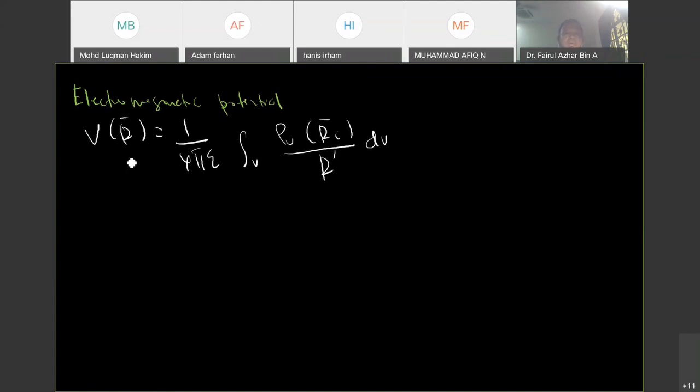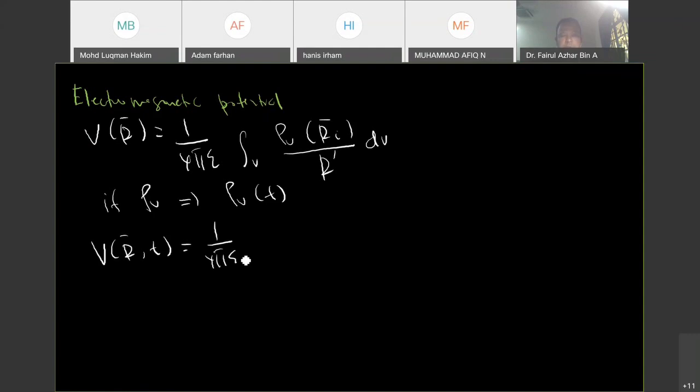If the charge changes in time, so instead of rho V we have rho V(t), then this expression will change to V(R, t) is equal to 1 divided by 4 pi epsilon, integration over volume of rho V(R_i, t) divided by R prime dV prime.